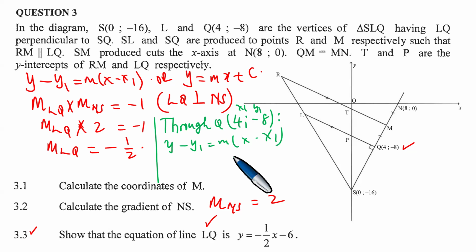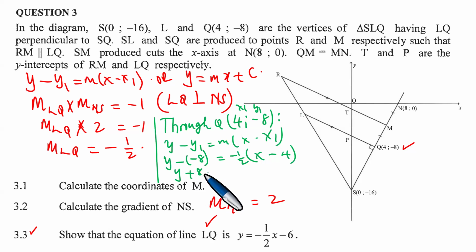Okay, like this. So look, y1 is -8. The gradient of the line LQ, whose equation we want, is -1/2, and x minus x1 is x minus 4. So y plus 8 is equal to -1/2 x plus 2.